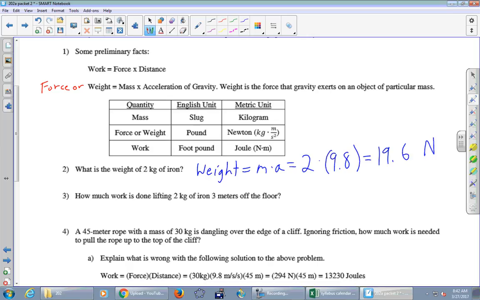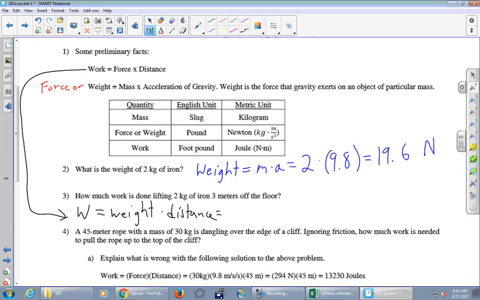Okay, number 3, another non-calculus question. How much work is done lifting 2 kilograms of iron 3 meters off the floor? So according to our work formula, work is equal to force times distance. But remember, force is the same thing as weight. So I'm going to write weight times distance. And we just calculated the weight of this 2 kilogram mass.